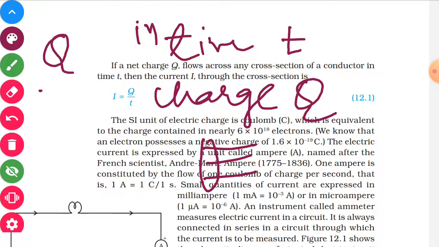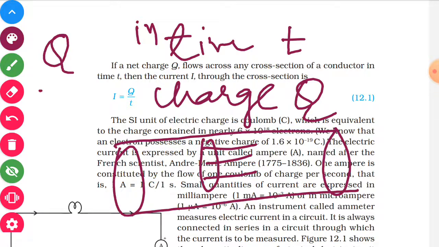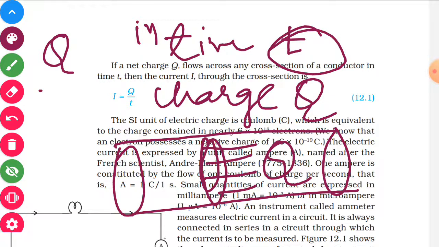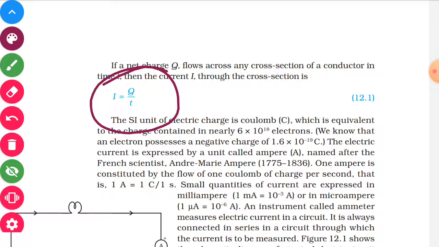So consider this as a conductor, and through this cross section Q amount of charge is flowing in time T. So charge upon time, that is Q upon T, gives you electric current.